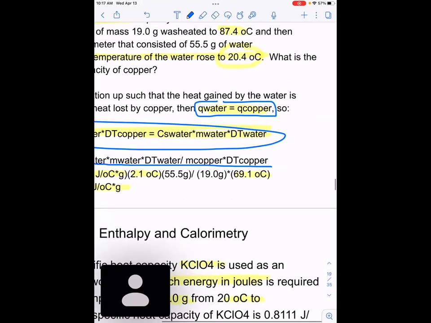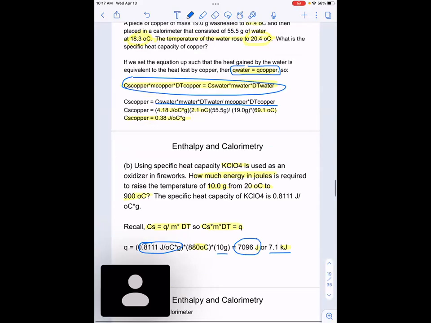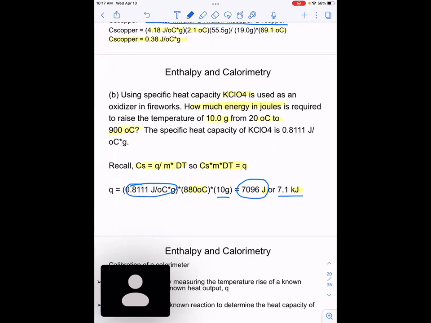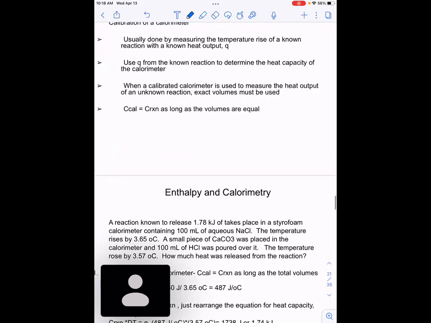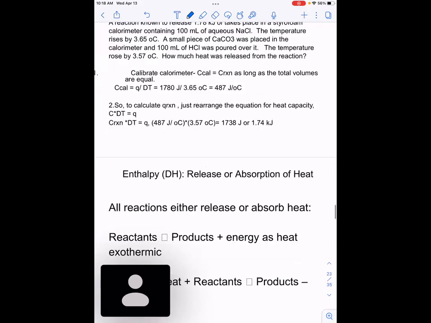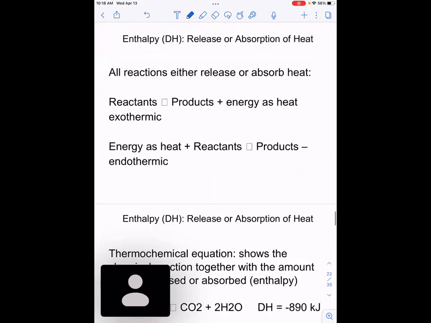So when we do a heat transfer like this, when we add something to a calorimeter, then we can say that the two Qs are equal, and we can solve for the specific heat of either one. We could also solve for Q using specific heat, which we've already done. And then we can also look at the enthalpy for a reaction. Let's talk about that now.